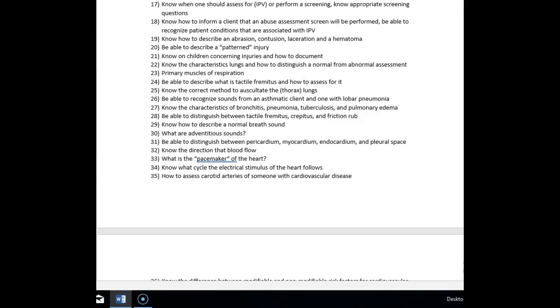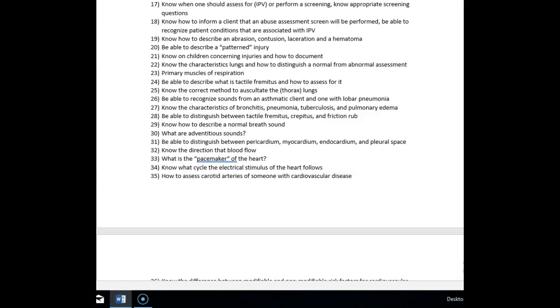We're going on to the lungs and respiratory. Know the characteristics of lungs and how to distinguish a normal from abnormal assessment. First, as far as the characteristics of the lungs, we know about the lobes, right? The right has 3 lobes, the left has 2 lobes.